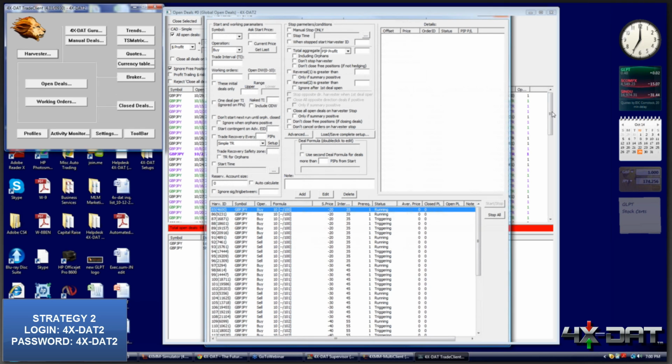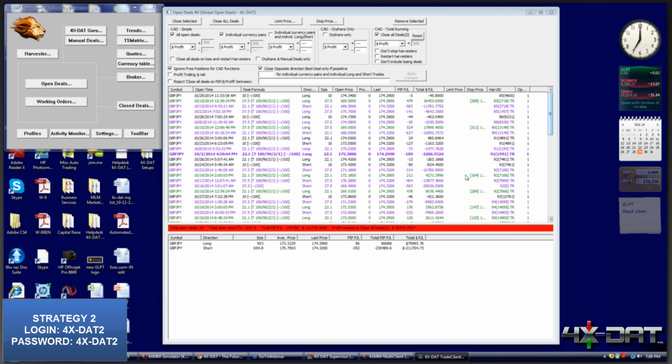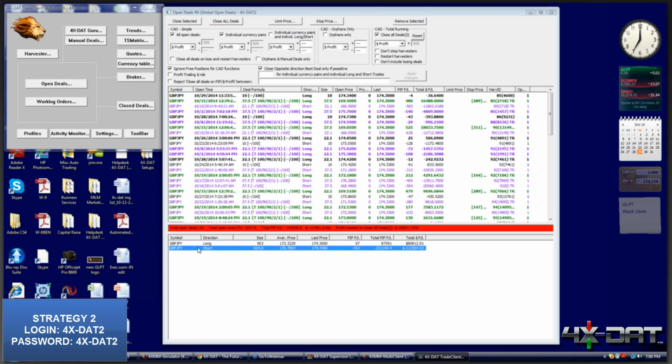We've got a little bit of a drawdown here, and this is in real time. You can see we went from about a $17,000 drawdown down to about $18,500 drawdown, and you can tell at the bottom here where you have the summary of the positions.